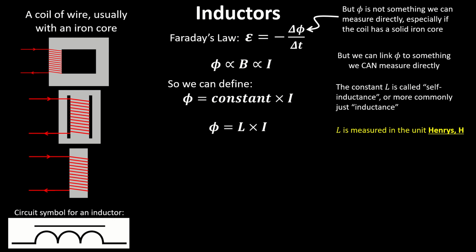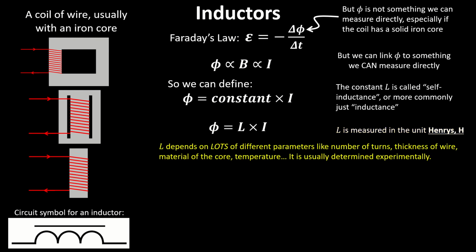Okay, now L is quite complicated. It depends on lots of different things. Basically anything that will change the strength of the magnetic field in a coil changes L. So things like how many turns there are in the coil, how thick the wires are, what the core's made of, what material it is, and also how it's constructed, how thick it is, if it's in laminations like we talked about, cores tend to be, and what the temperature is.